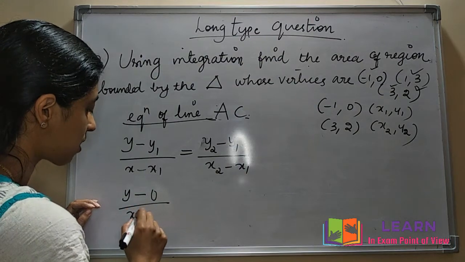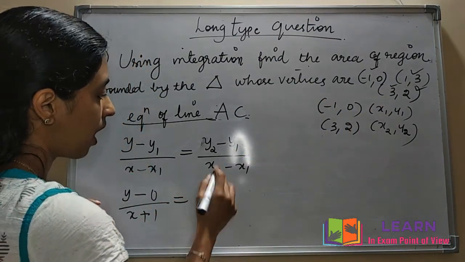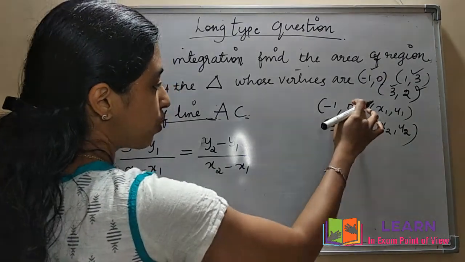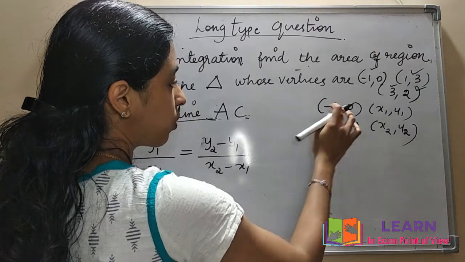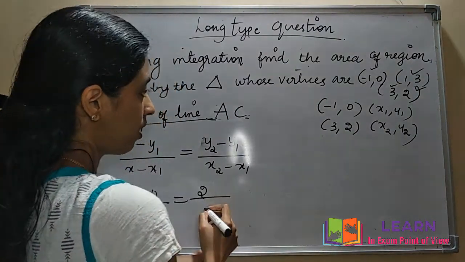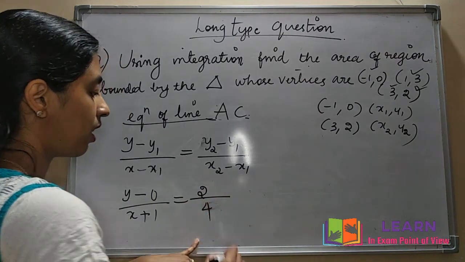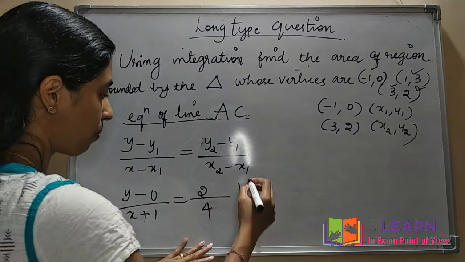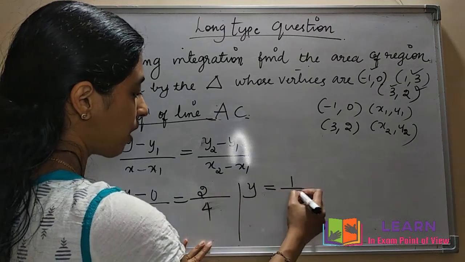By x minus x1. x1 is what? Minus 1. Minus minus, plus 1. Equal to y2 minus y1, 2 minus 0, 2, by x2 minus x1, 3 minus minus 1, that is 3 plus 1, that is 4 will come, right? Okay. Then simplify. You will get y equal to, after simplifying, 1 by 2.